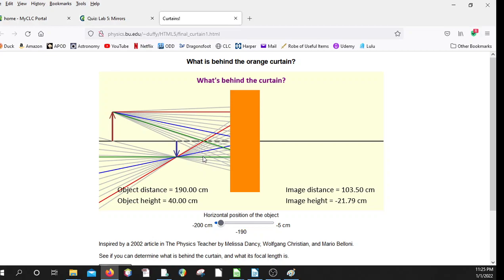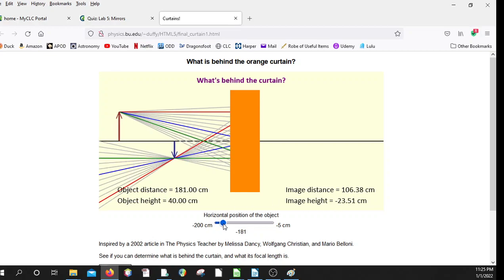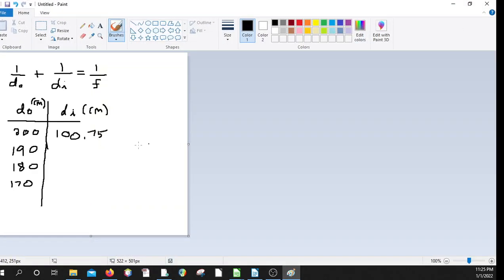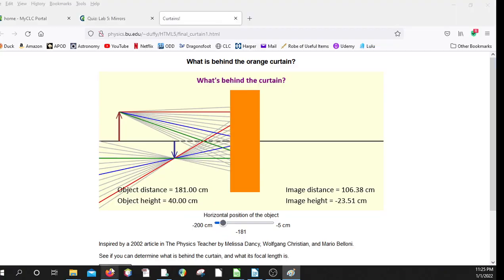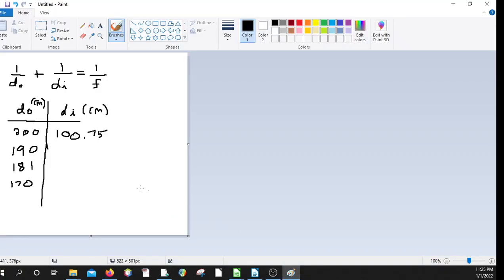Just record the value accurately. If you want to do, say, 190, 103.5, we go to 180. Let's say you have trouble zooming into 180, and you decide on 181. That's fine. Then you just change this value to 181 and write down the image distance here, which is 106.38.